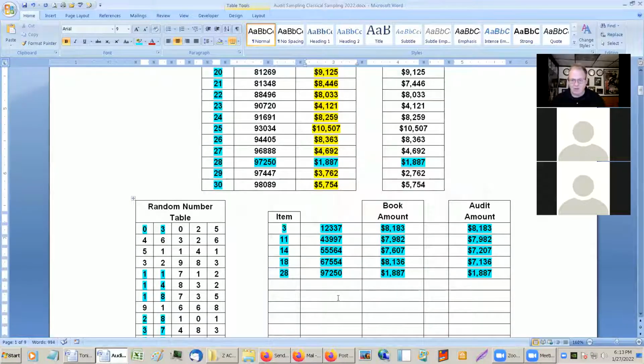And 28. Okay, so we have picked our 5 items using a random number table. Actually, they sometimes call this a random digits table because each digit is actually random, 0 through 9.